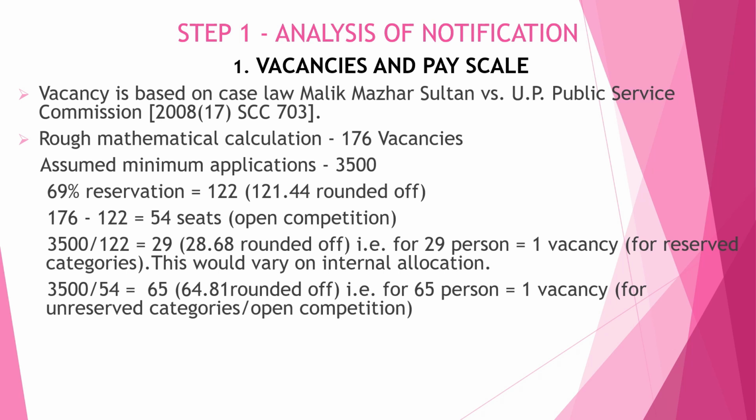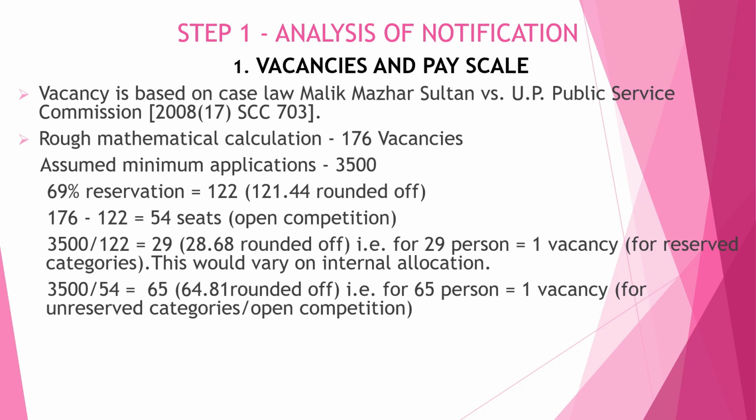competition. And if the 3,500 applications are divided by 122, we get 29. That is, there is one vacancy for 29 applicants under the reserved category. However, if there is internal allocation under the reservation, this proportion could vary. Instead of being 29, it could be 40 or even 35 or even 45 depending on the internal allocation.